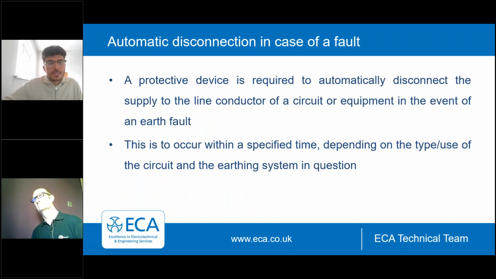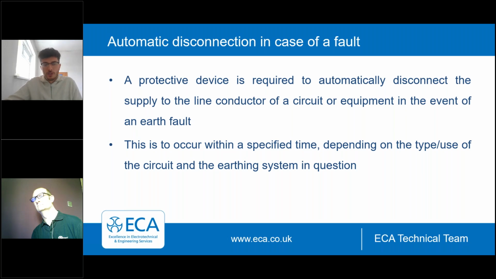Okay, looking a bit deeper into the automatic disconnection in case of a fault element, and this is probably what we're going to focus on more today, with the subject being around earth fault loop, verifying earth fault loop impedance. So to achieve our automatic disconnection in case of a fault, a protective device is required to automatically disconnect the supply to the line conductor of a circuit or equipment in the event of an earth fault.